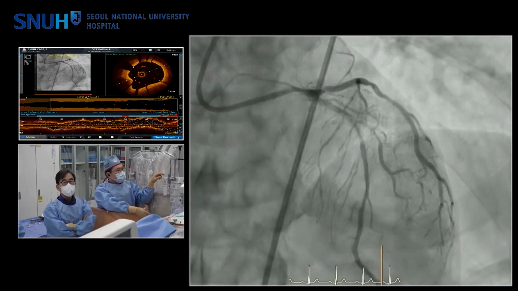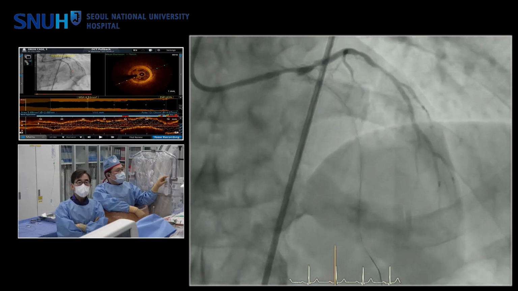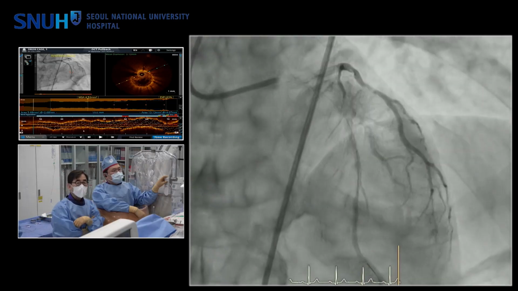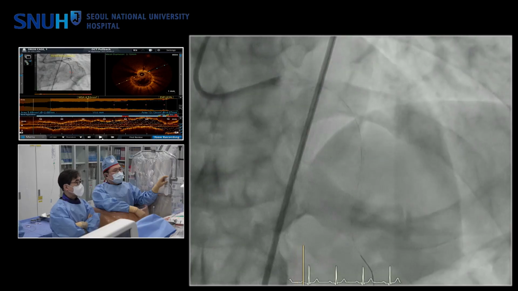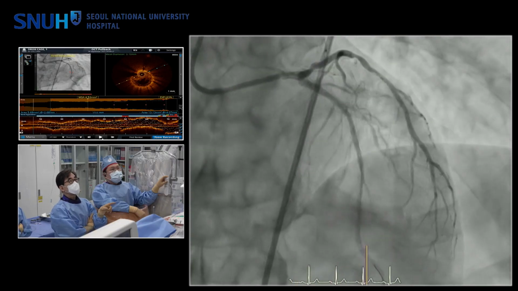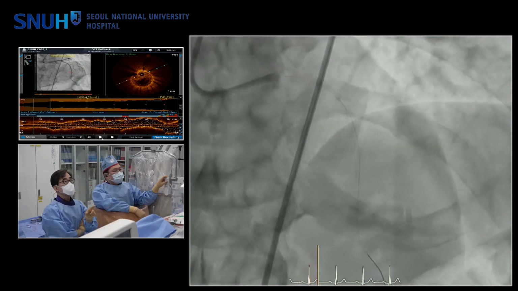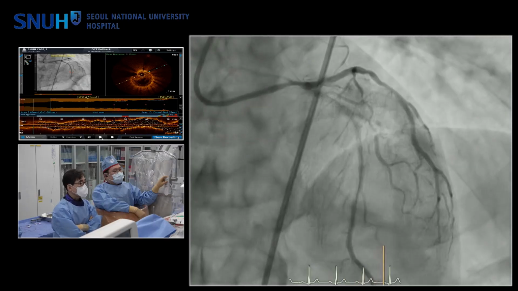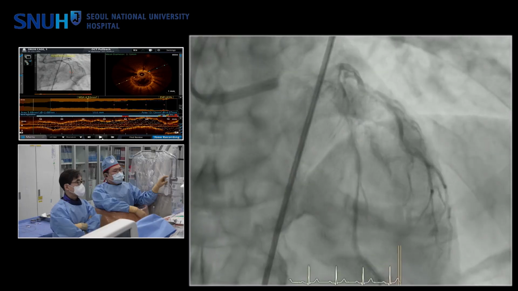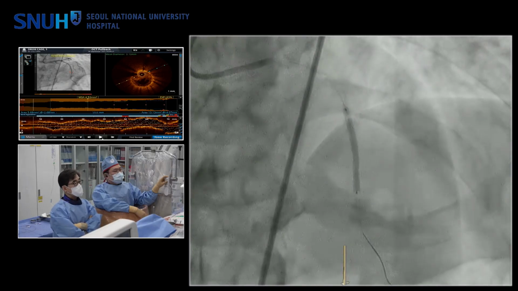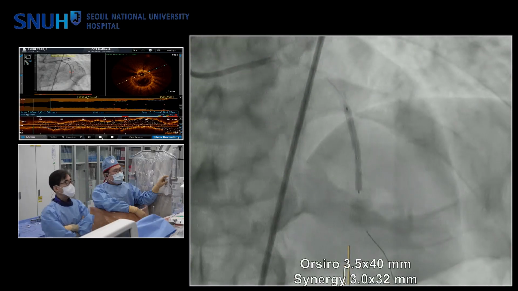We finalized the procedure. We'd like to show you the angiography that we took. Okay, this is the final angiogram that you see. Then we implanted a stent, a 3.0 by 32 Synergy.